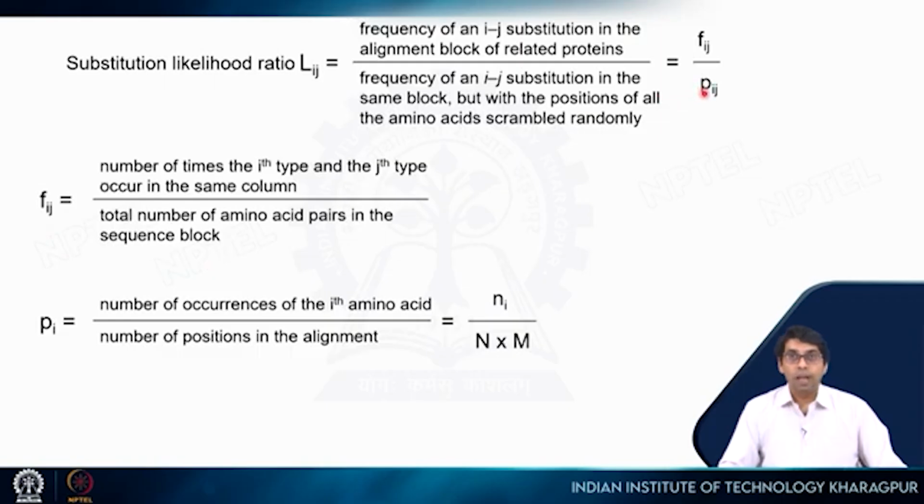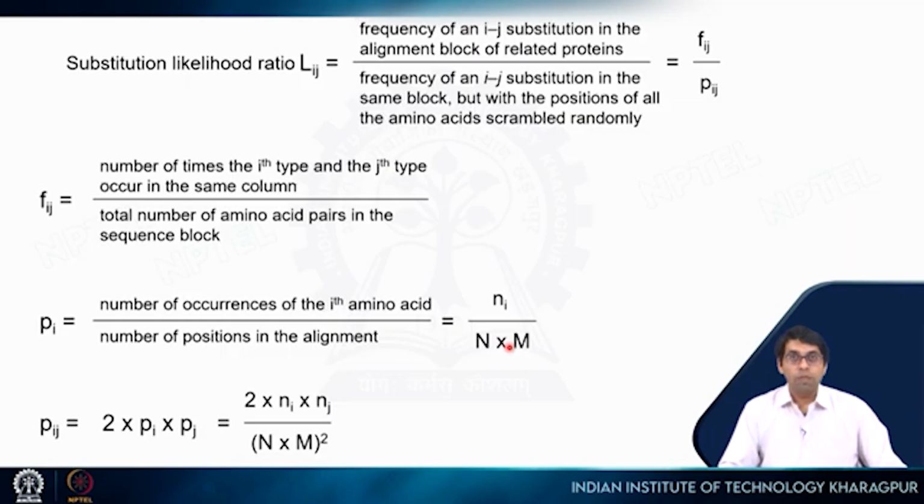This Pij I will calculate like this: as 2 times Pi times Pj. So, what is this Pi or Pj? This I will calculate as the number of occurrences of the ith amino acid divided by the number of positions in the alignment.